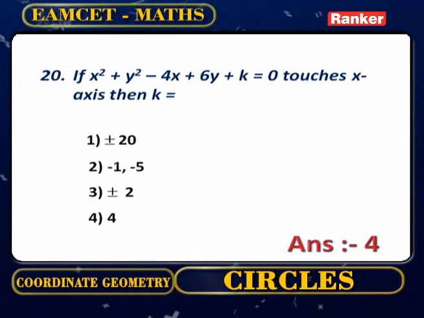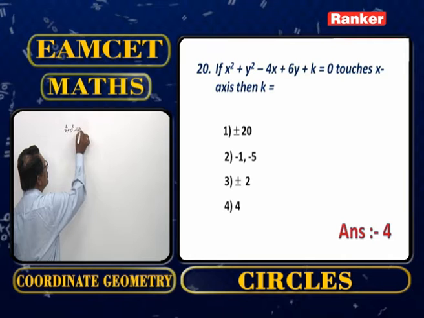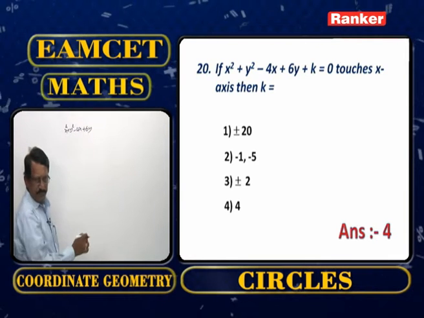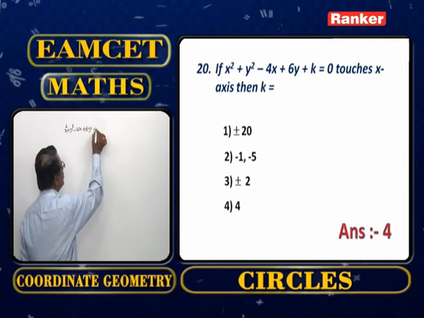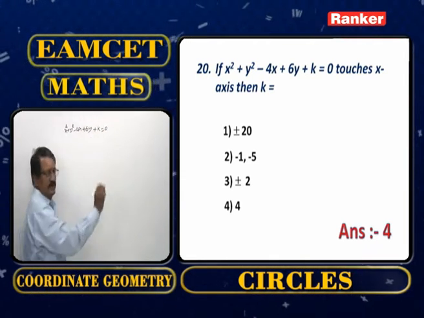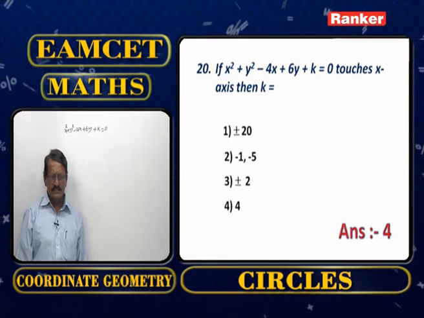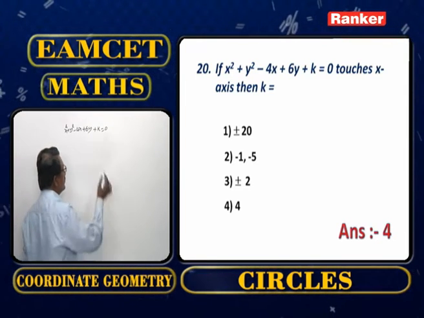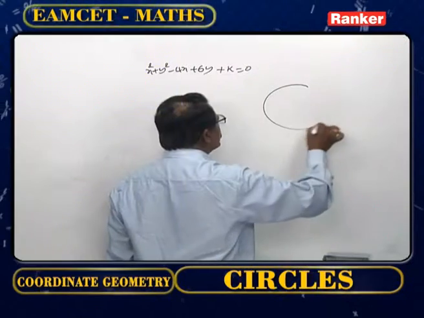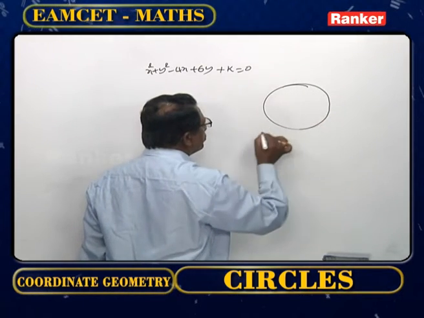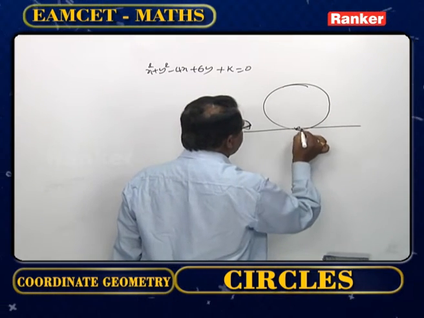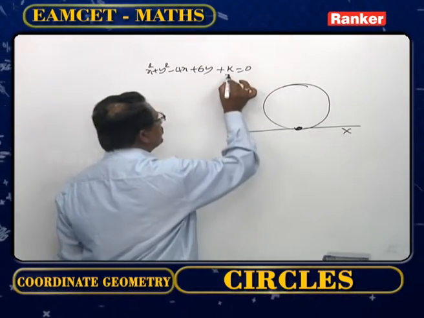If x square plus y square minus 4x plus 6y plus k equals 0 touches the x axis, then k equals what? The given circle touches the x axis, and we require the value of k.